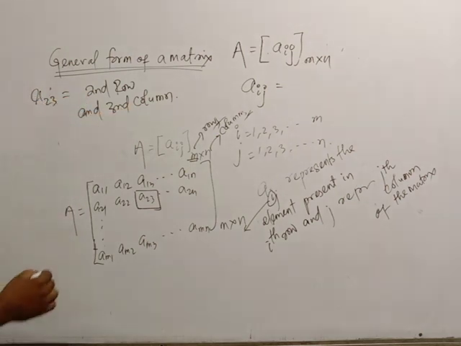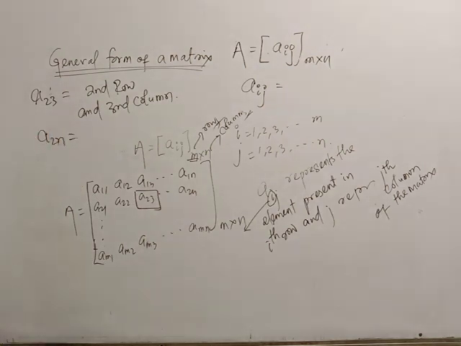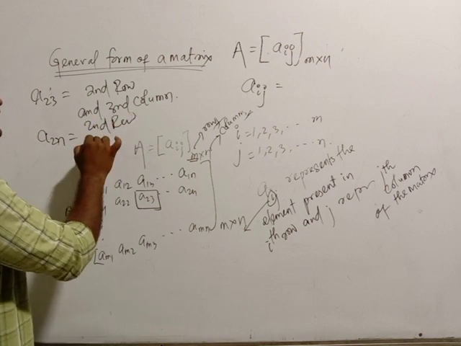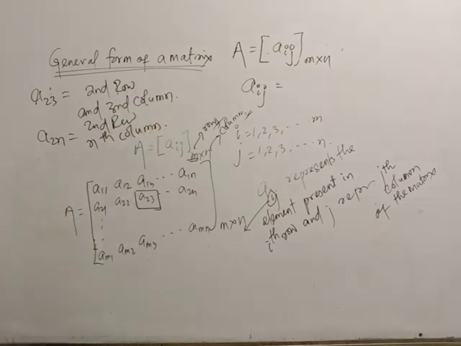Okay. Similarly, a2n represents the element present in second row and nth column. So this is the general form of a matrix.